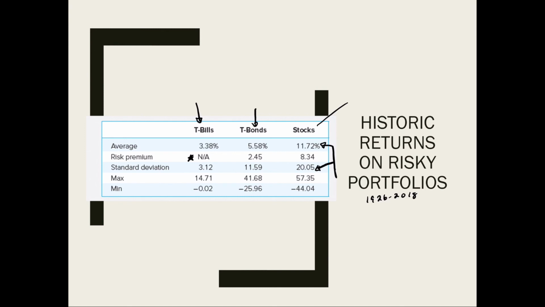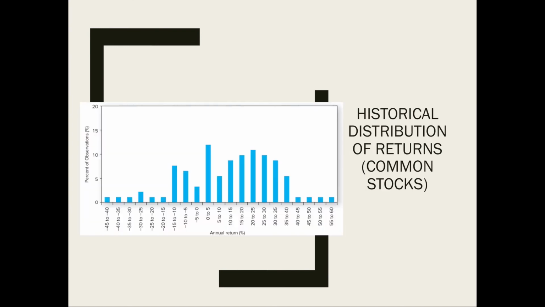But this is just a look at some of the historic returns on risky portfolios. We've talked about how to calculate risk by looking at risk premiums and looking at variance and standard deviation. And this is just showcasing that as you increase your average return, the standard deviation, the riskiness of those returns, also increases.